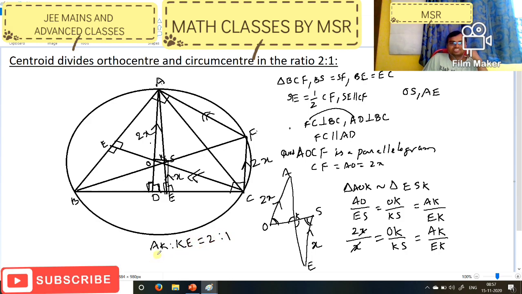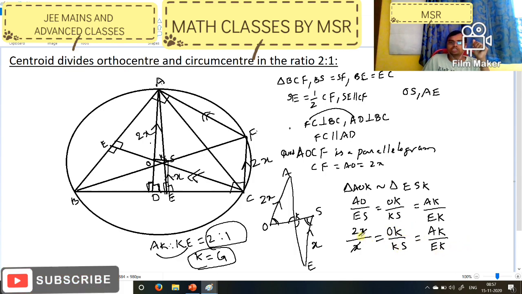AE is the median, and from the last proof we did, which point divides the median in the ratio 2 is to 1? Only the centroid. That means this K is nothing but the centroid.